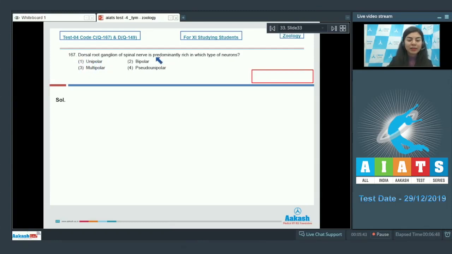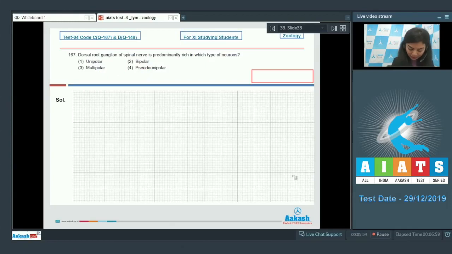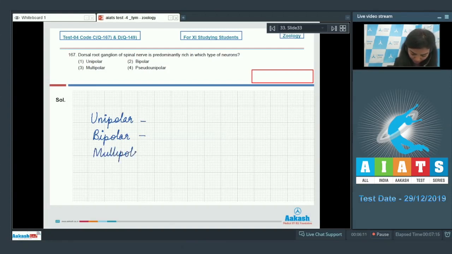Question 167. Dorsal root ganglion of spinal nerve is predominantly rich in which type of neurons? Unipolar, bipolar, multipolar, pseudo-unipolar. Option 1, unipolar.